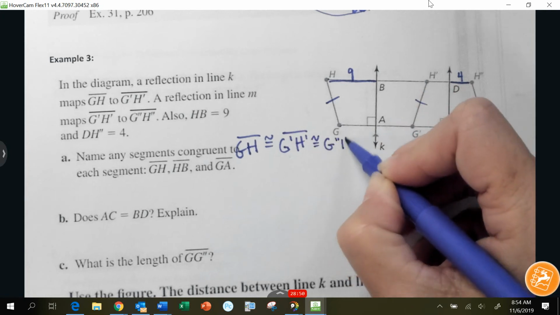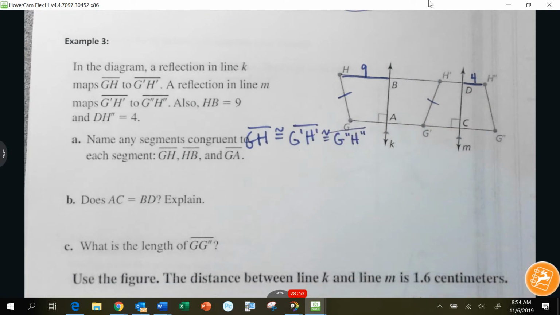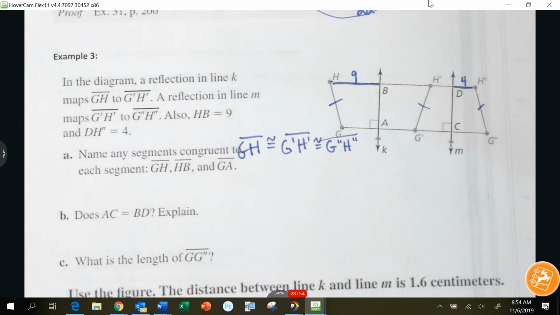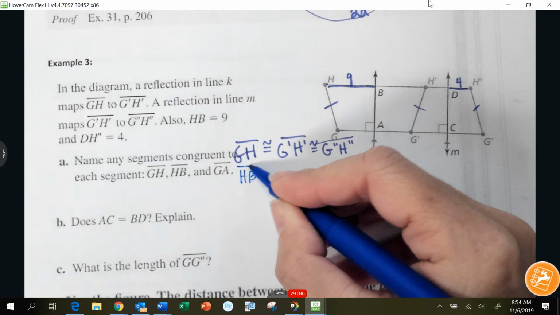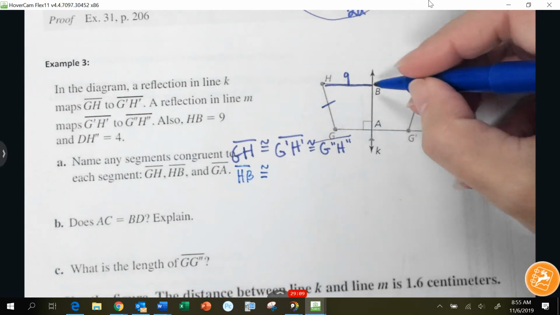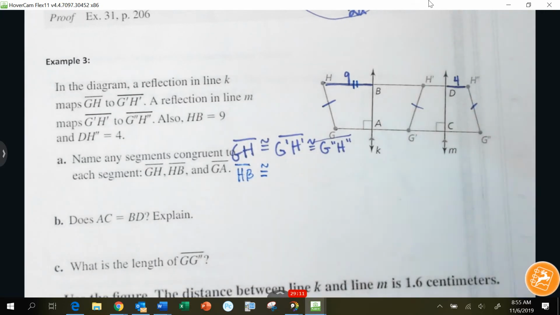Right, the actual figures that are being reflected are going to be congruent. How about segment HB? Segment HB that I marked as 9.